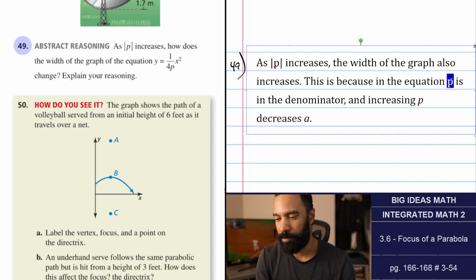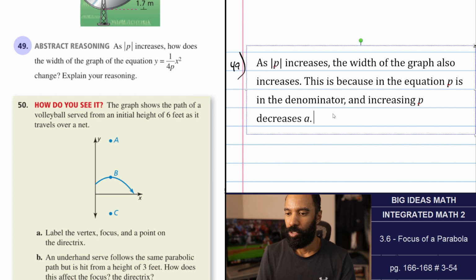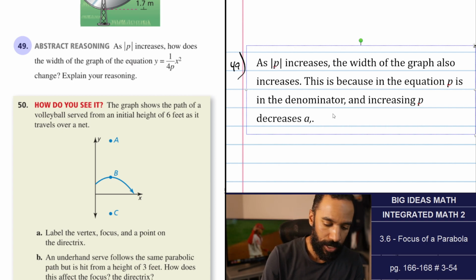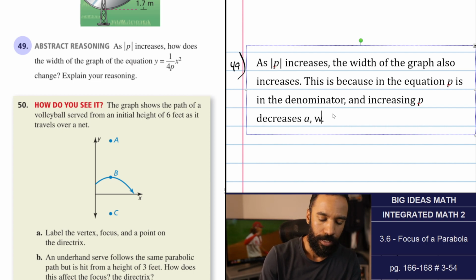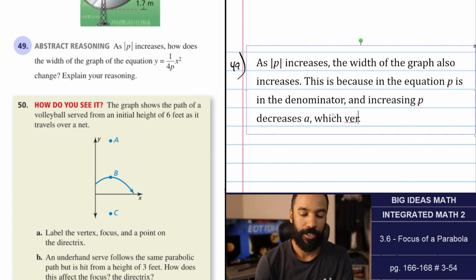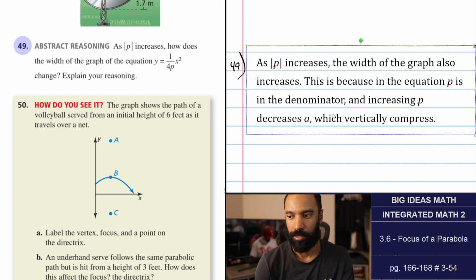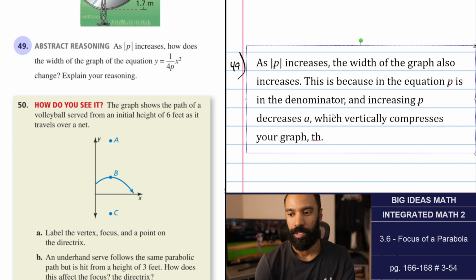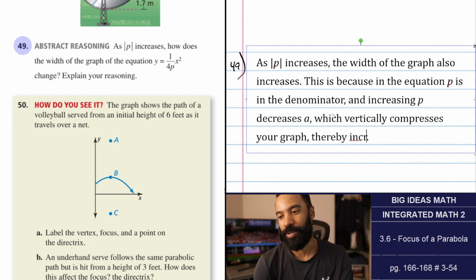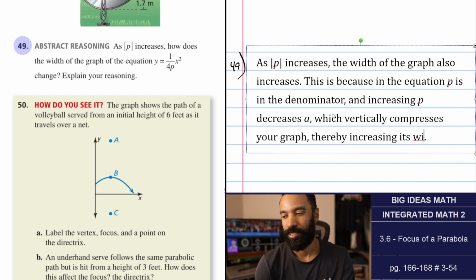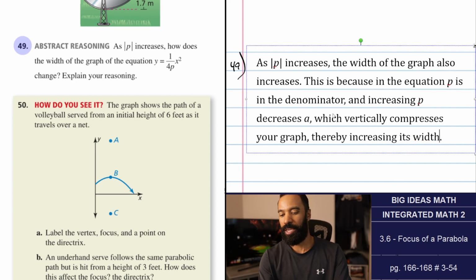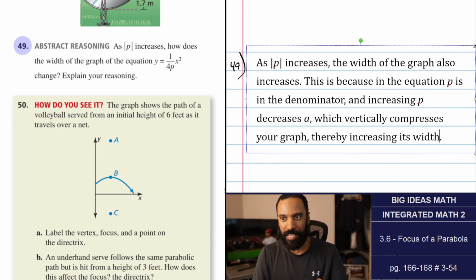It decreases a, which vertically compresses your graph, thereby increasing its width. I mean, it's an all real number domain, but the idea is that it's getting wider.